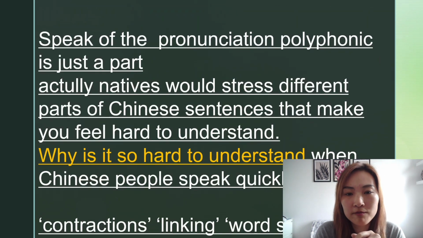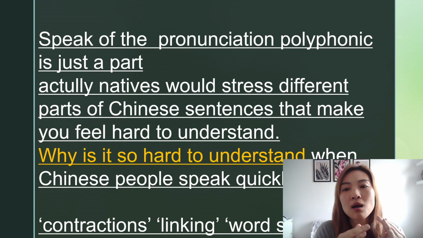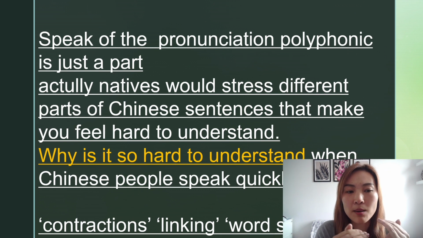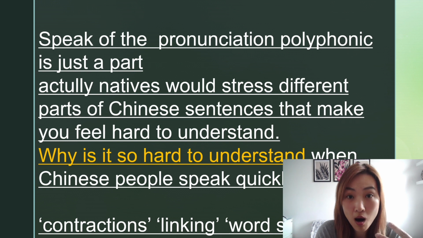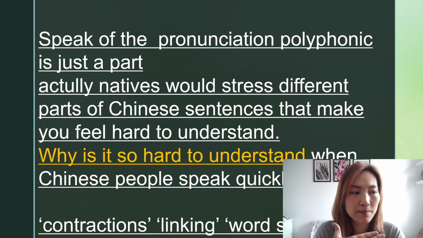Okay. Speaking of pronunciation, polyphonic characters are just a part. Actually, natives would stress different parts of Chinese sentences that make you feel hard to understand. People always ask, why is it so hard to understand when Chinese people speak quickly?